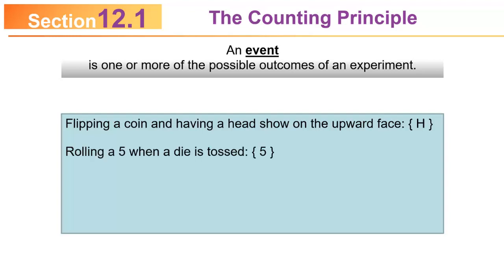Rolling a 5 when a die is tossed is an event. The event will be represented by the set containing the number 5. Choosing a T from the word Tennessee would be the set containing the letter T. That would be the event.